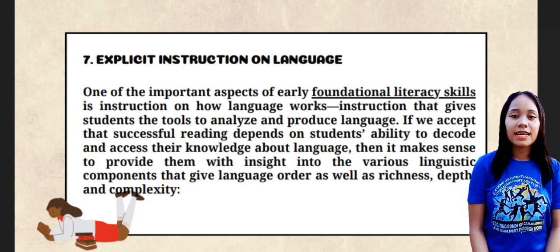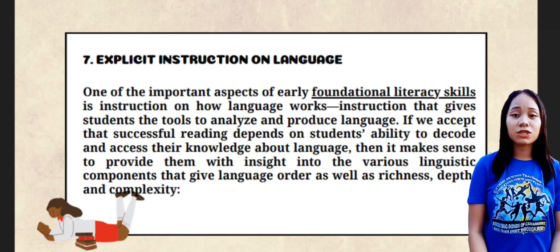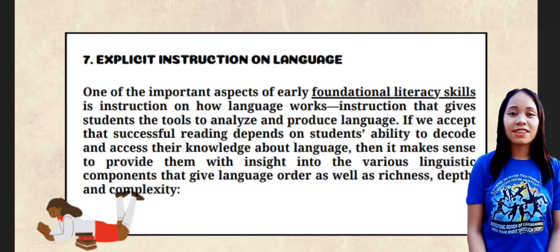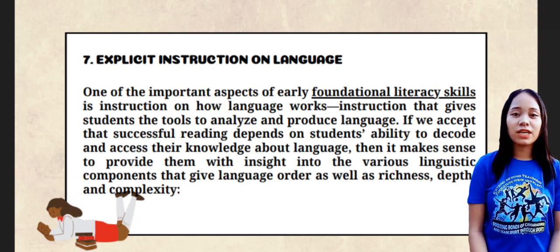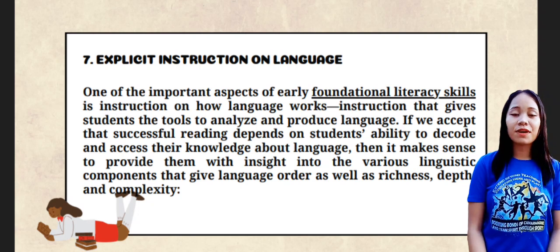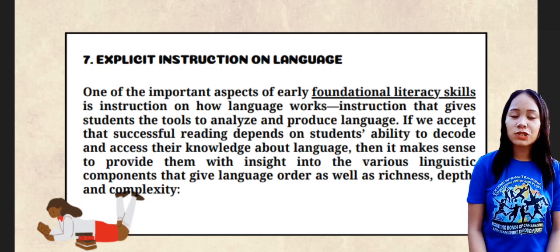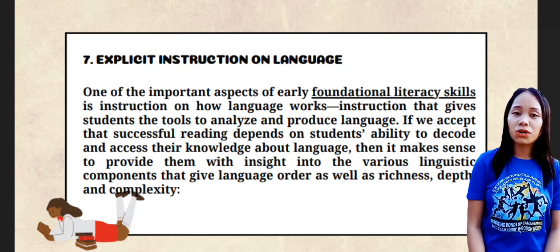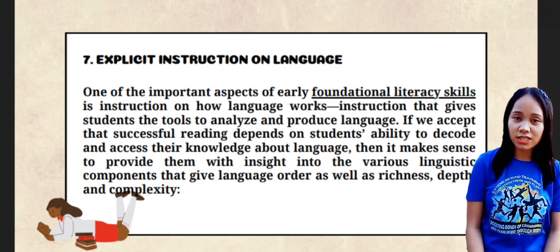So in this, explicit instruction on language is crucial for developing fundamental literacy skills, providing students with the tools to understand and create language. By teaching students how language functions, they can better analyze and use language effectively. Successful reading relies on students' ability to decode words and apply their language knowledge.